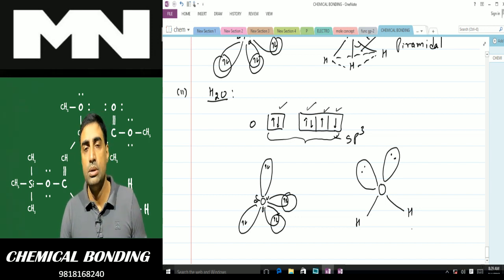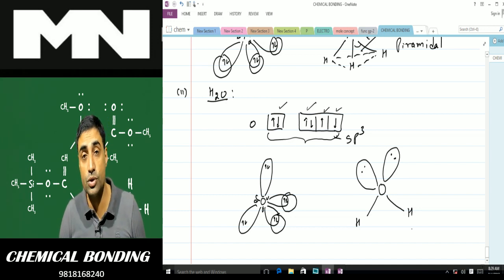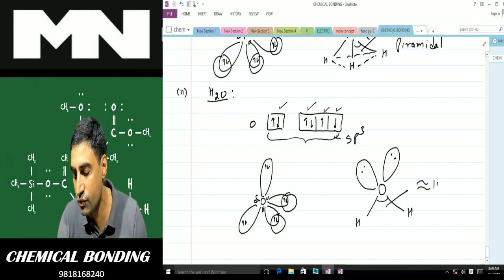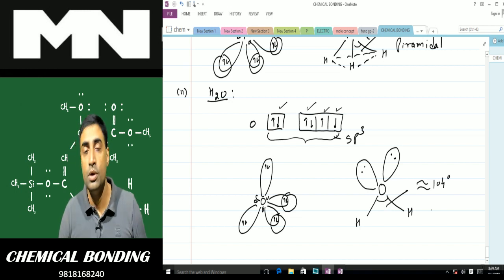Unlike ammonia, in water we have two lone pairs. That means the repulsion is stronger. If the repulsion is more, the bond angle is still lesser than 107 degrees. It is nearly equal to 104 degrees. So the bond angle in both ammonia and water is lesser than the normal tetrahedral angle of 109 degrees.